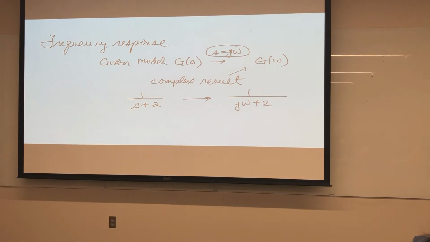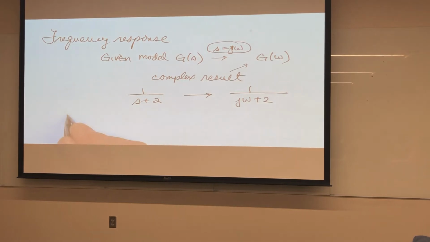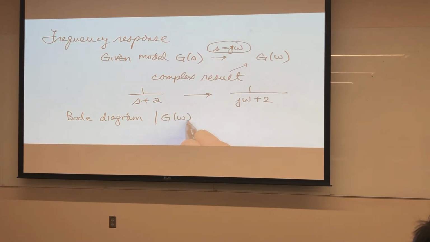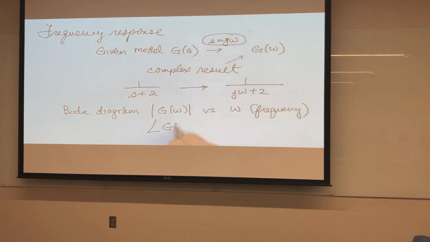Now what we do in the Bode diagram is plot the magnitude of G of j omega versus omega, which is frequency. And we also plot the phase of G of j omega versus omega. So we get two plots.